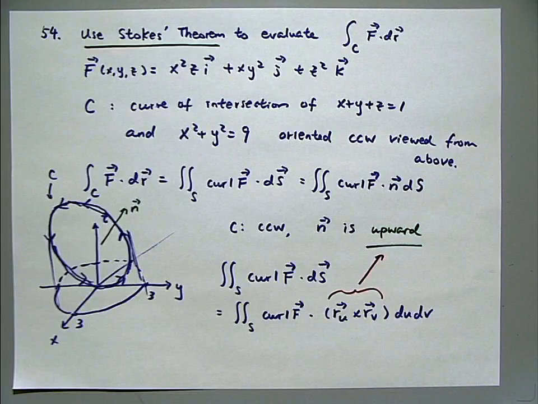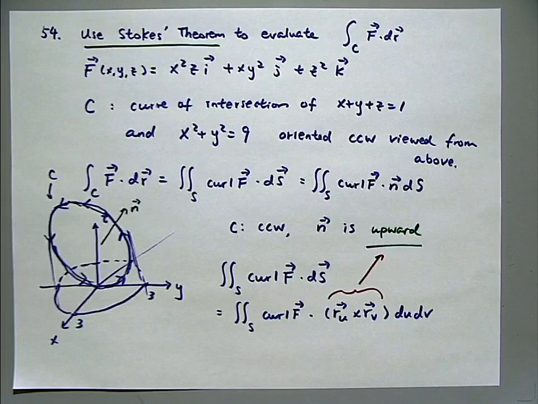Now, if you stay in Cartesian, which is a good way to start if you don't want to mess with the coordinate system, that's fine. If we have to switch to cylindrical later, we can, but we can start in Cartesian. There's nothing wrong with that. Then the parameterization is very simple. If you let x be u, let v be y, then z will be 1 minus u minus v. So this will describe that ellipse.